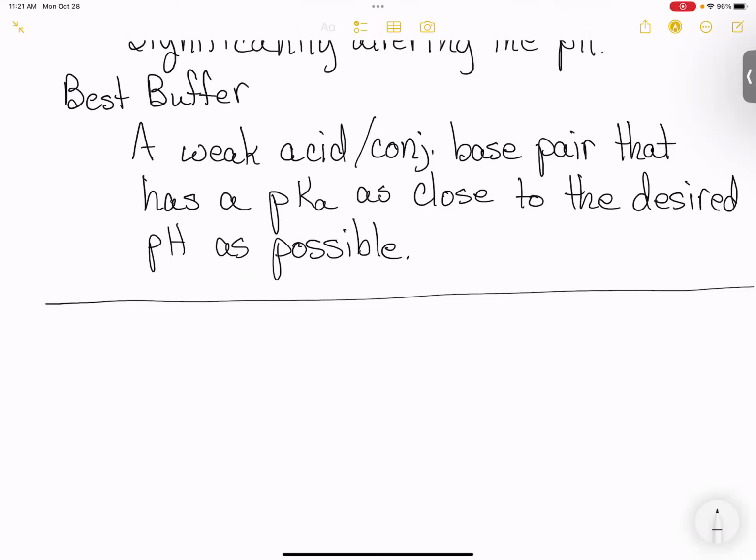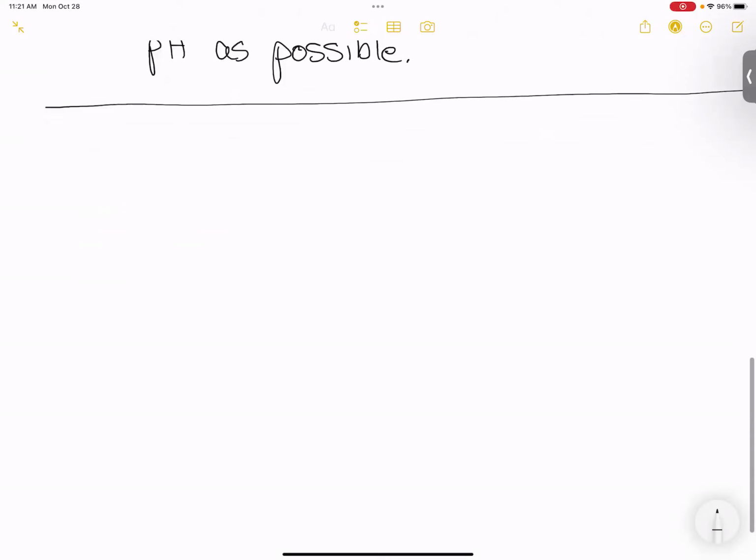Which leads us to the next thing we're getting into, and that is titrations. And it is what you will be doing tomorrow. And it is what you did in College Chemistry 1.